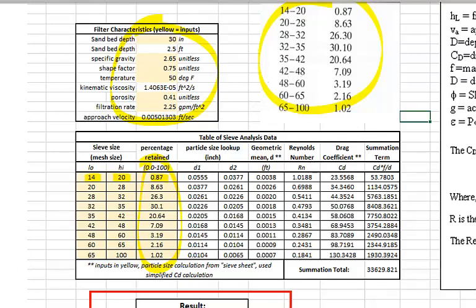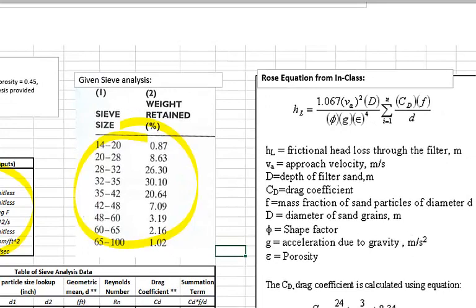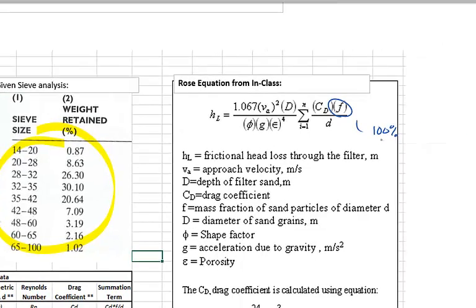Now again, if you were provided a marble system or marble filters that were all the same size, then this variable in the Rose equation, this term F right here, is going to be that fraction or percent. If you had all uniform sizes, that would just be equal to 100%, or just 1.0 in your calculations, and that makes it quite easy when you sum these.